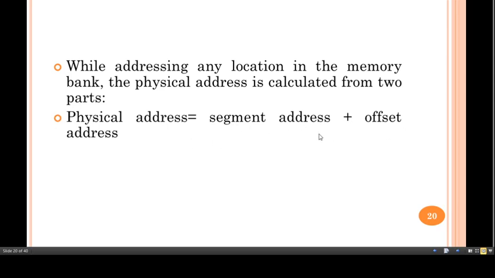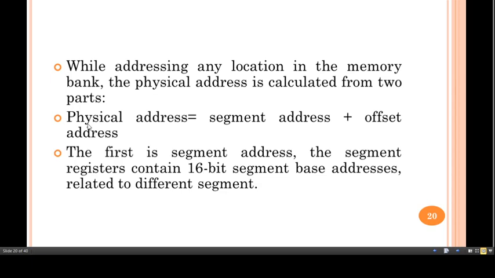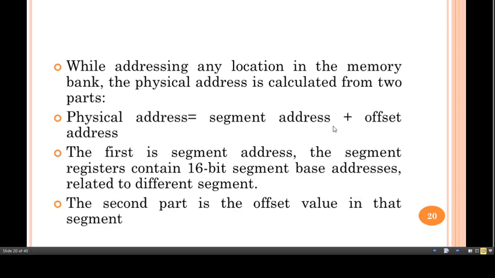How the segment address is calculated, we have seen in the segment registers. The segment address is the segment register contents multiplied by 10H, and when the offset address is added to it, we get the physical address of any location in the memory bank. Here the first is the segment address and the second one is the offset value in that segment. We will give more focus to this calculation of physical address in our next session.